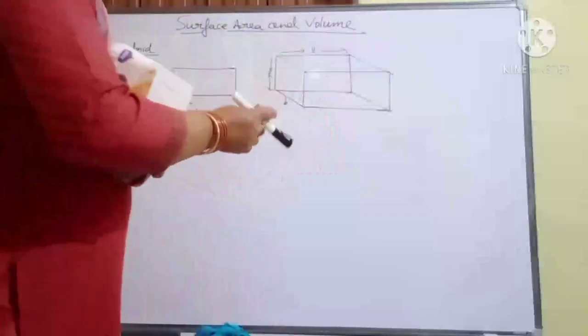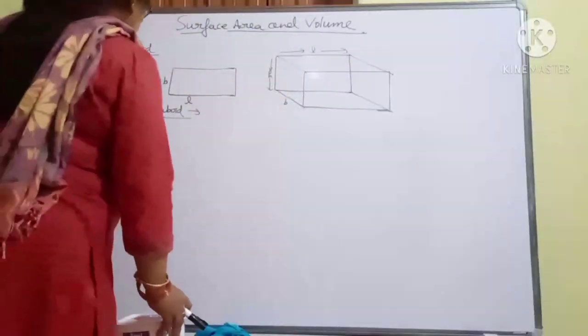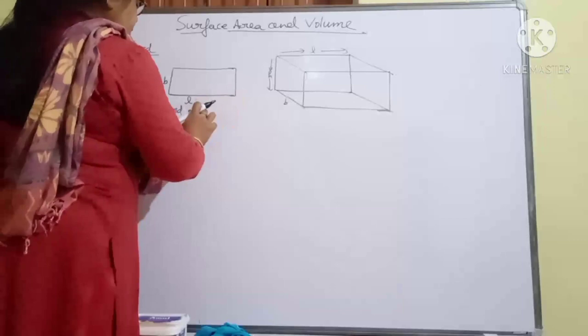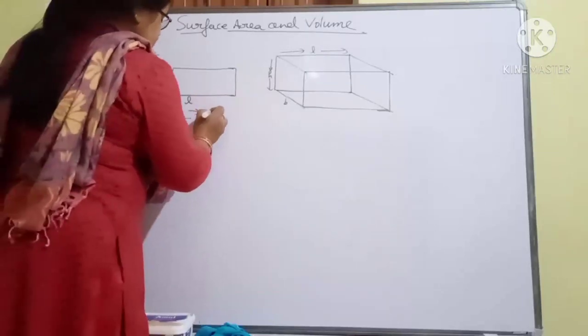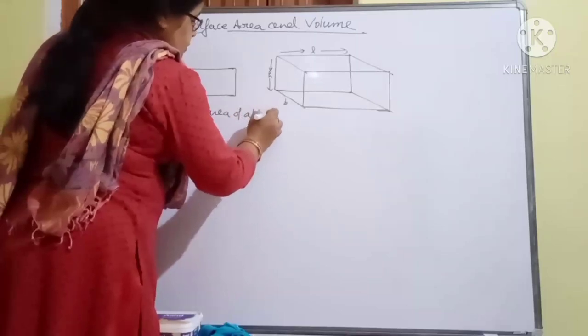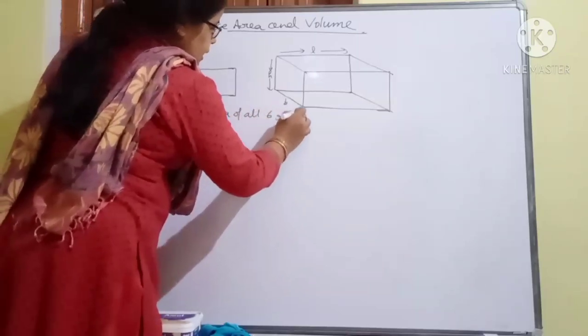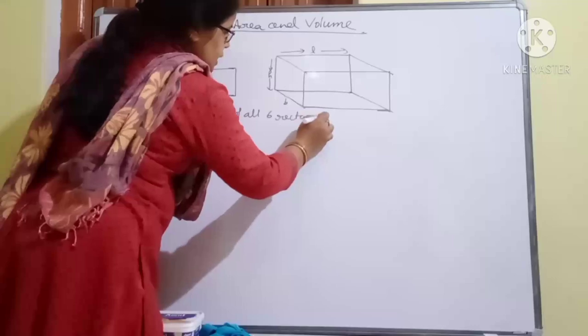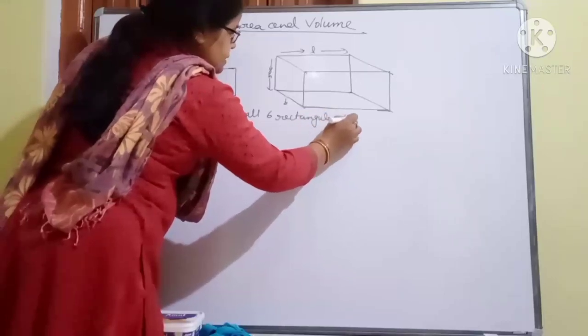Okay. Now see that total surface area of cuboid is equal to, how many faces was there? Area of all 6 rectangular bases. Okay beta.